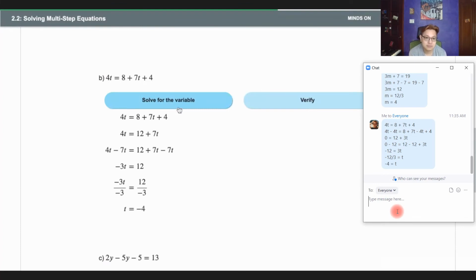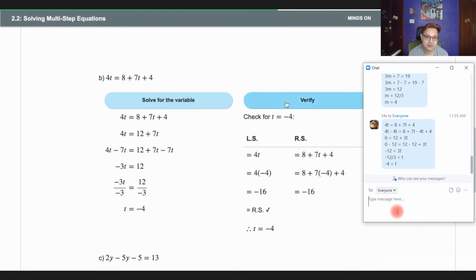Okay. There you go. Okay, let's look at how they do this. Okay, combine, and they move 70 to the left side. You gotta verify.